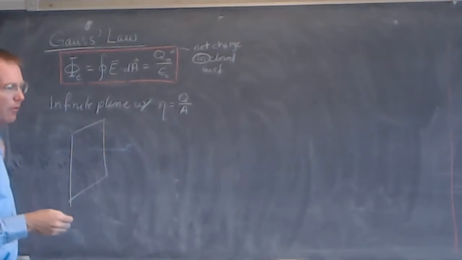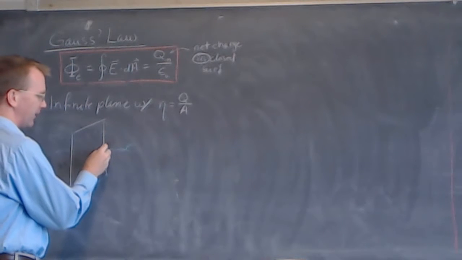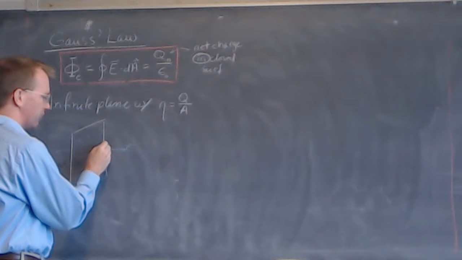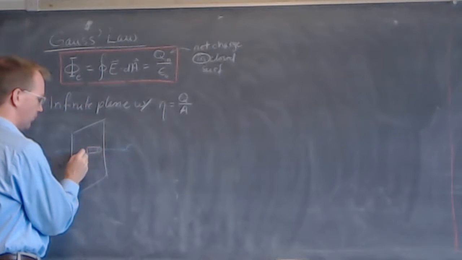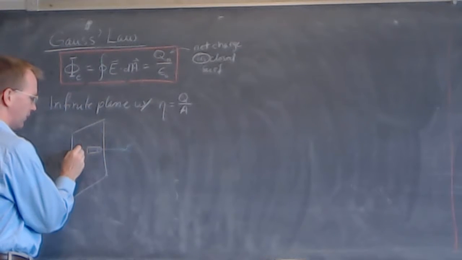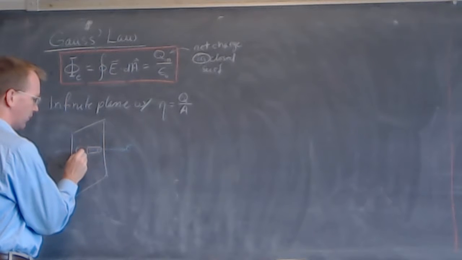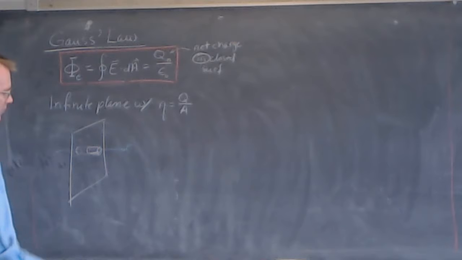Okay? Now, what I'm going to do, following the book, is I'm going to enclose these field lines inside cylinder segments. And it's kind of hard to draw that on the other side, but there.